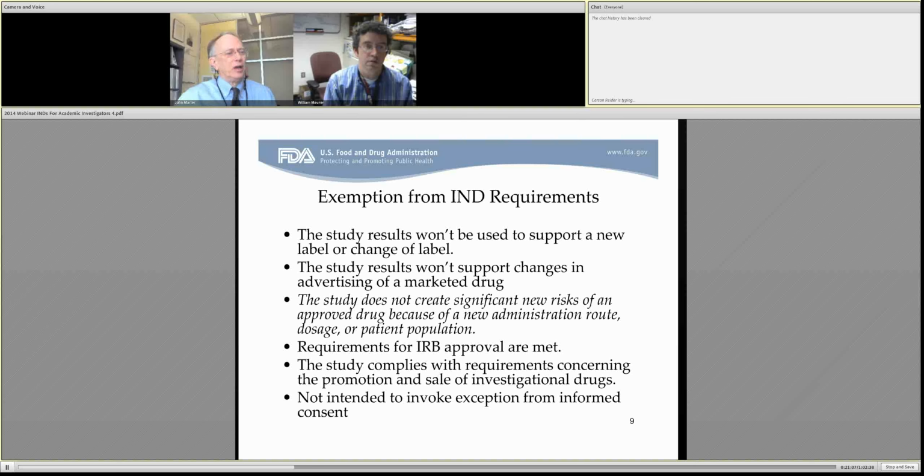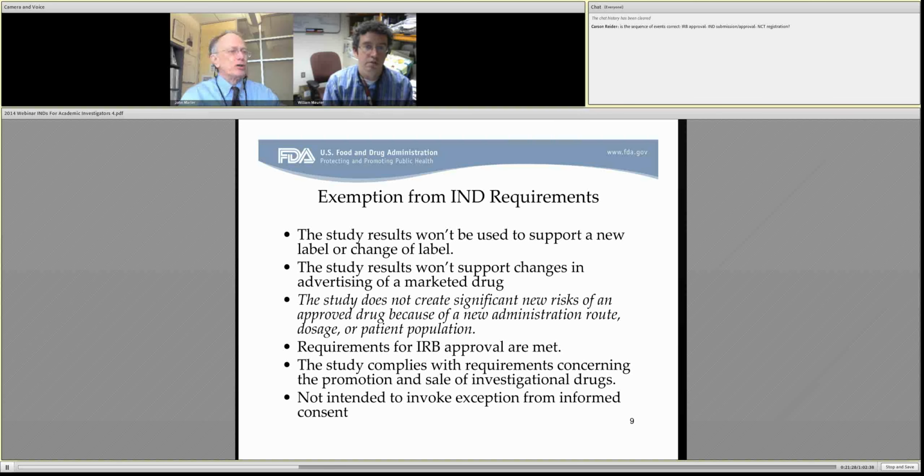And there are a lot of different situations there. So usually you can say that isn't the purpose of it, to change a label, but just be aware that again, some people are surprised when we say, well, that's not as clear to us as it is to you.